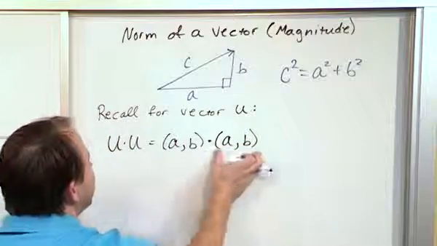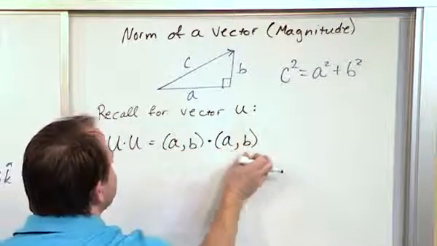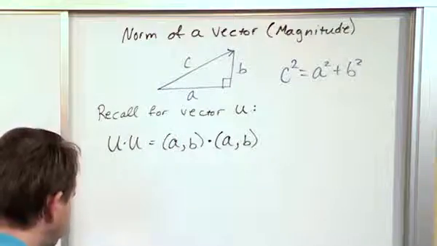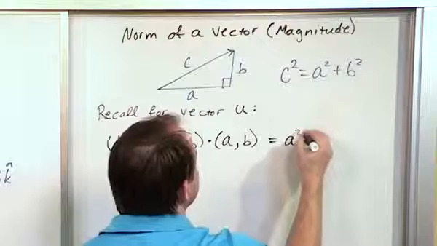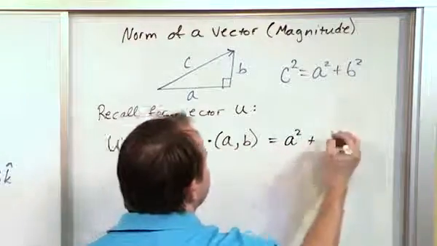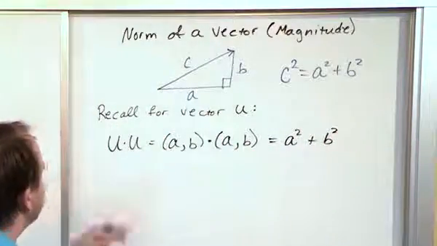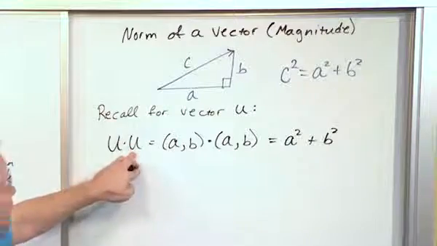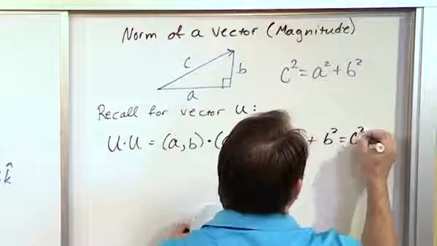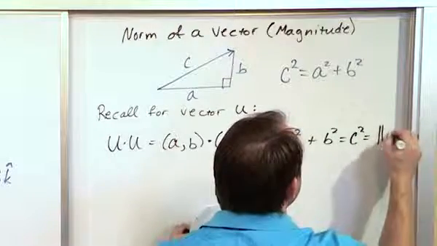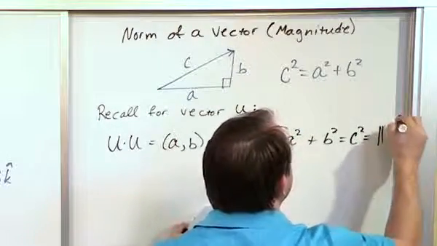Then I'm going to multiply the x components together, and I'm going to multiply the y components together. All right, so by dotting a vector by itself, basically I get a squared plus b squared, which equals c squared, and I'm going to call that norm of the vector squared.